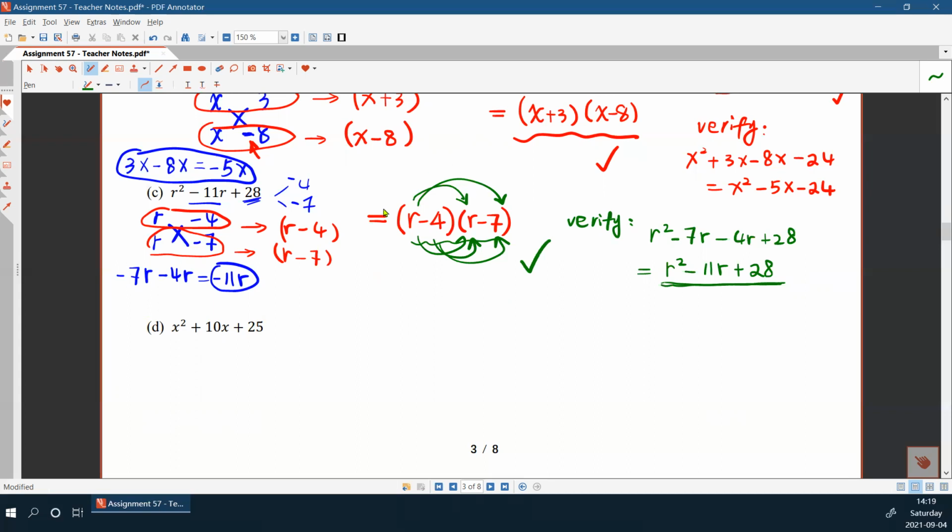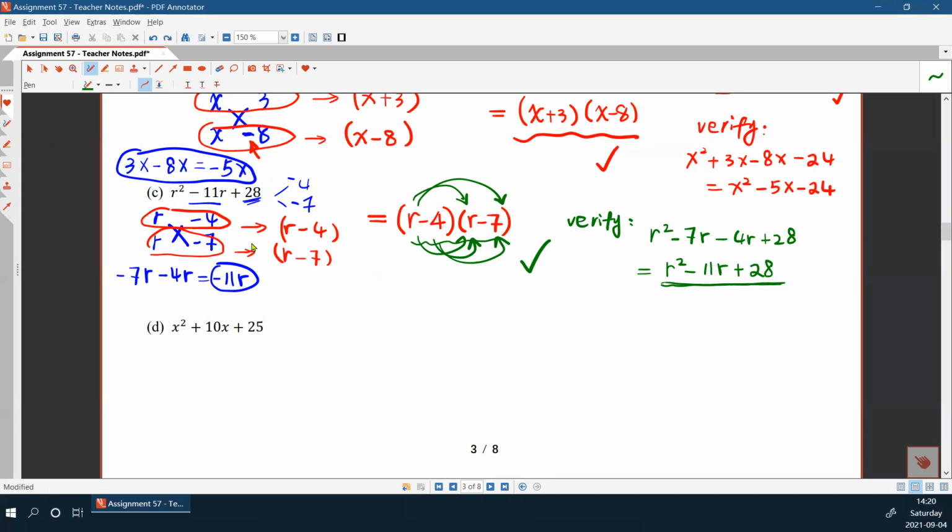Okay, I strongly recommend you to verify your result after you have done the factoring. Sometimes if you verify, the result is different with the original one. That means your result here is not correct. And in that case, you need to rethink how you decompose one of the expressions here.